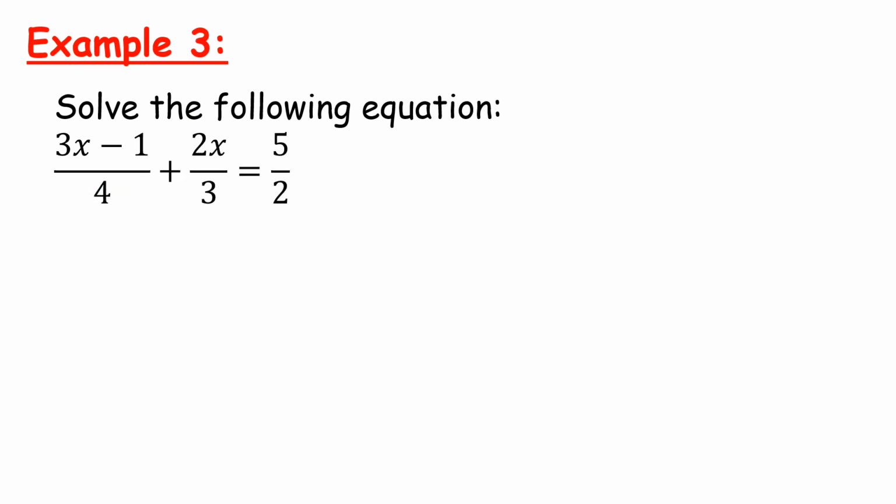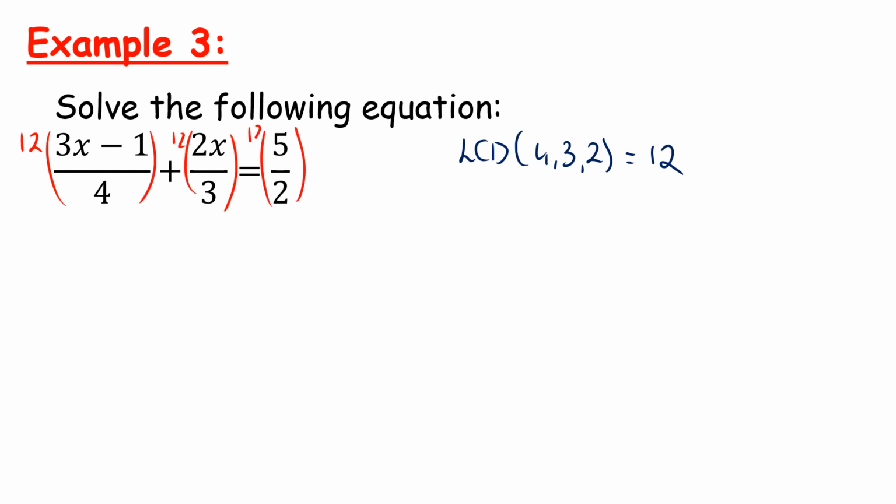So now let's look at a slightly more complicated example. We want to again look for our lowest common denominator of 4, 3, and 2, and that is 12. So we're going to multiply the first fraction by 12, the second fraction by 12, and the last fraction by 12. So as long as everything gets multiplied, we're keeping its balance, okay?